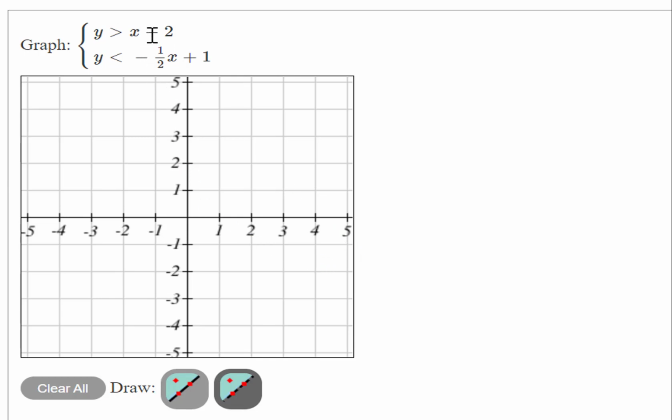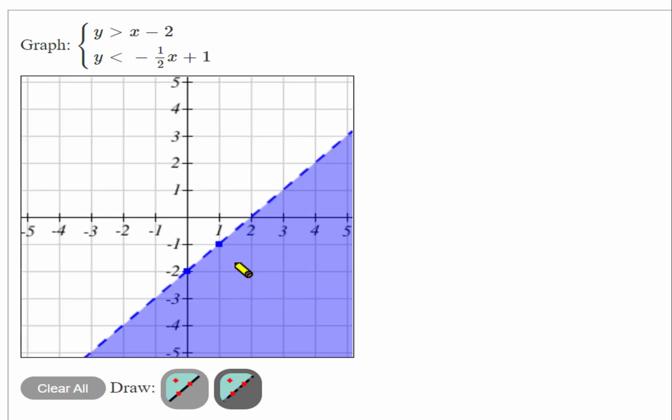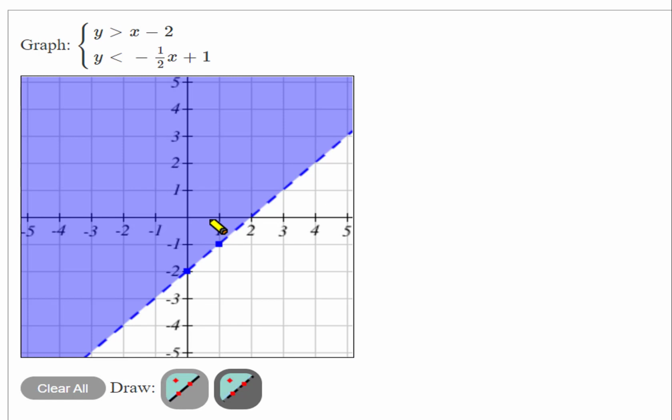Then what I would recommend is pick the point that is your y-intercept, so negative 2. And then we have a slope of positive 1. So then up 1 over 1, that gives me another point on the line. I'm done graphing the line. Now I just move my pencil here, that's on screen, into one side or the other.